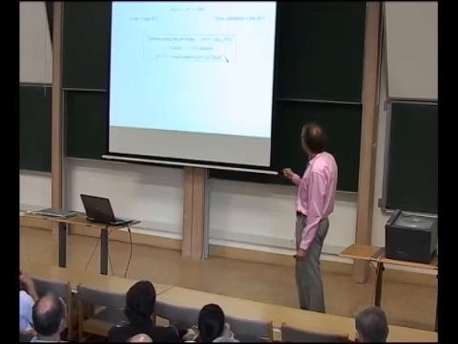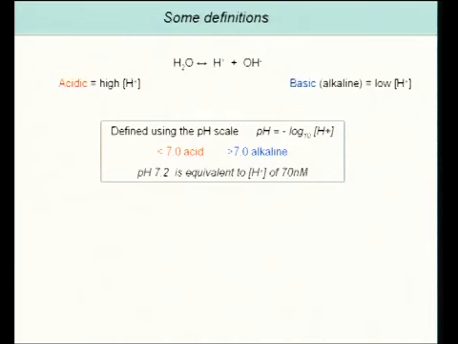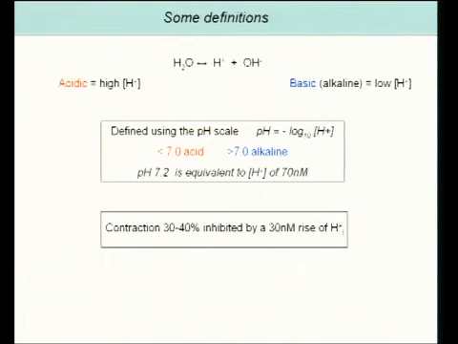Some definitions. Of course, when we say acidic, we mean high hydrogen ion concentration. And the hydrogen ion concentration is measured on a logarithmic scale, the pH scale. And cells are around about pH 7.2, which corresponds to an intracellular concentration of about 17 nanomolar, which interestingly is about the same level as the concentration of calcium.